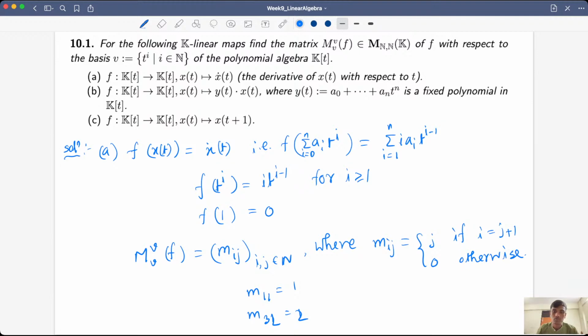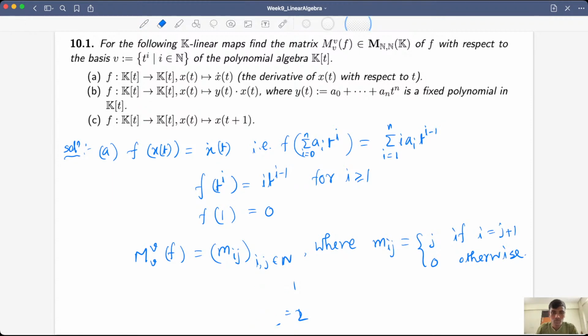Because the jth column will be the coefficient of f of t power j, and t power j has j t power j minus 1, so the j minus 1th row only consists of this j. Sorry, jth column exactly. So the jth column is this one, so whenever i is j plus 1, it will be j.